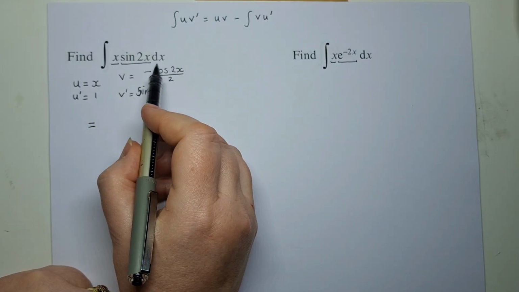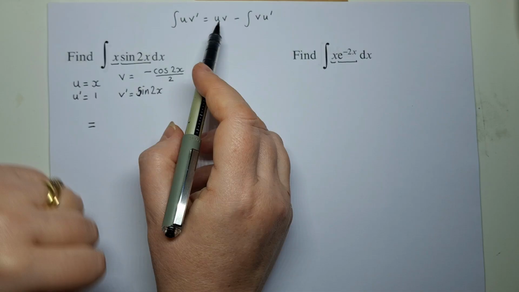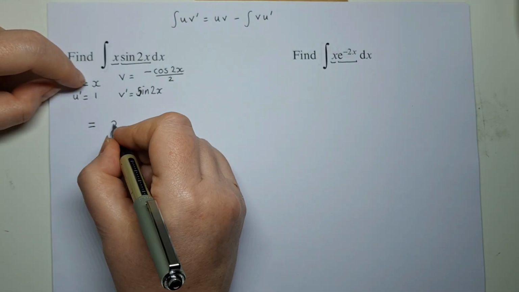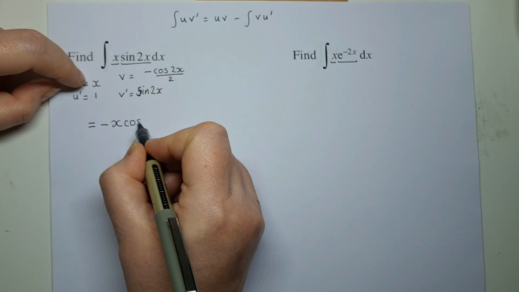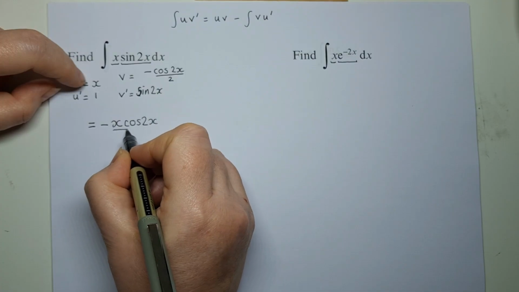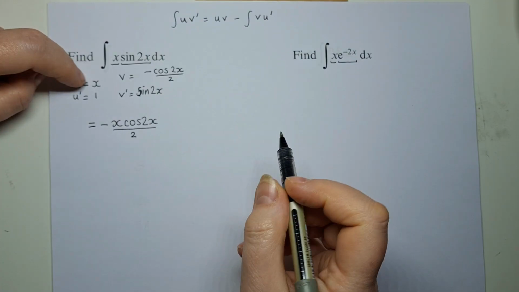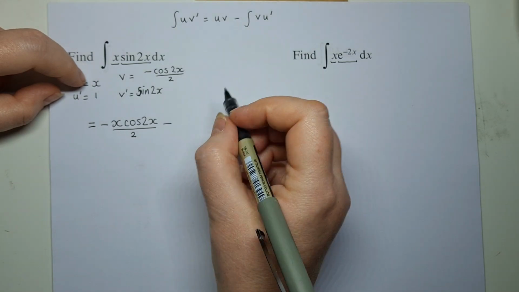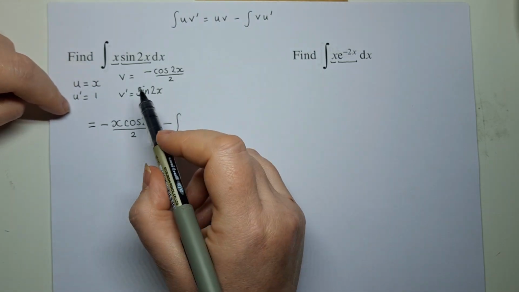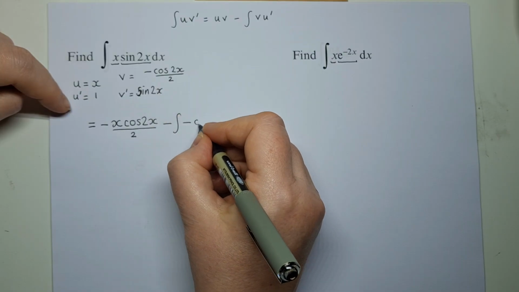So we have this integration will equal my u times my v. And we're just going to put the minus at the front immediately as I'm writing it, so it doesn't look like an x take away a cos 2x over 2. And then a minus sign from the rule, and then the integral of my u dash times my v.